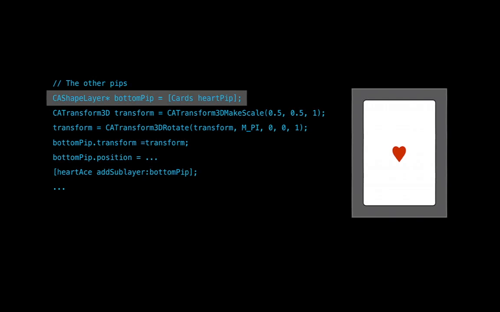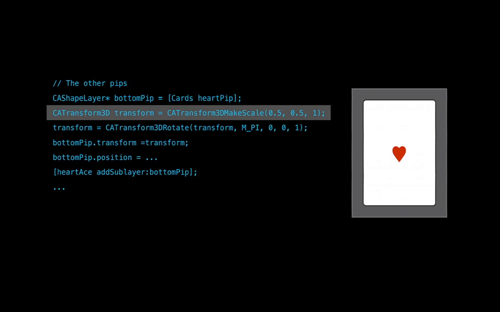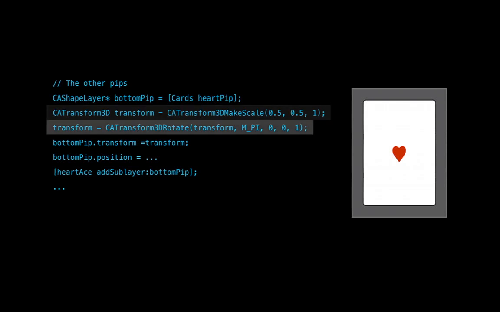So the bottom pip. Now we can use exactly the same factory method because we're already getting a nice shape layer, which is a red-filled heart, but we want it to be upside down and smaller and positioned differently. So we do all that declaratively by creating a transform, which is a composition of scale by half, so make it half the size, and rotate it by pi radians around the z coordinate, because the z coordinate is the one that's pointing right up at your user.